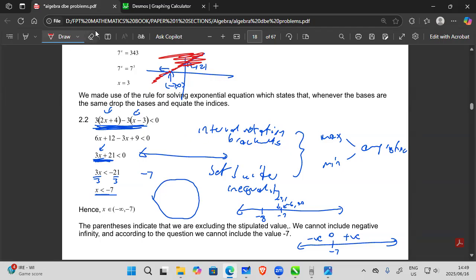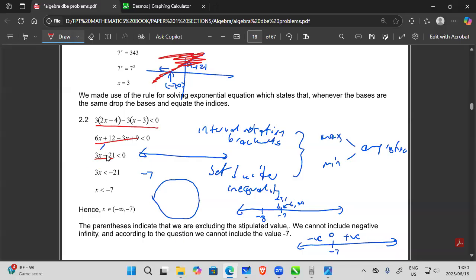Let me run you through this. We're working with this question here, and in this question we're trying to solve for x using an inequality. I explained this to you before, and I know you understand it. But this part here, when we're saying this less than 0, this is a function, a linear function. We take this and simplify it, and we get this here. If we simplify it further, we get this here.